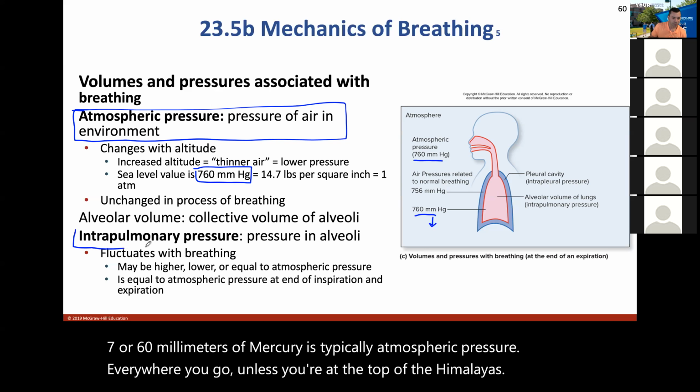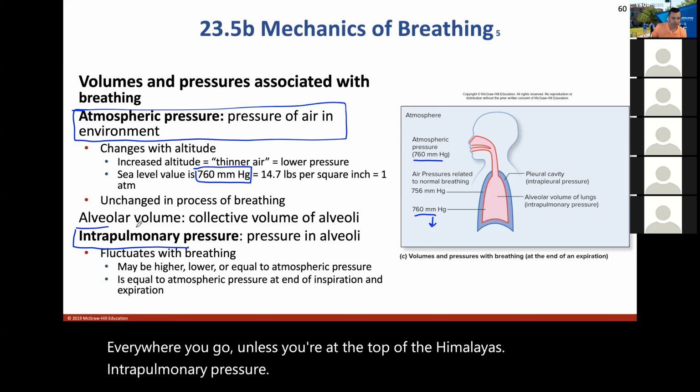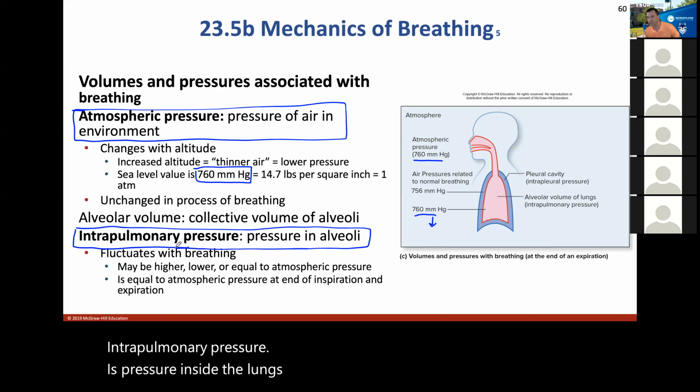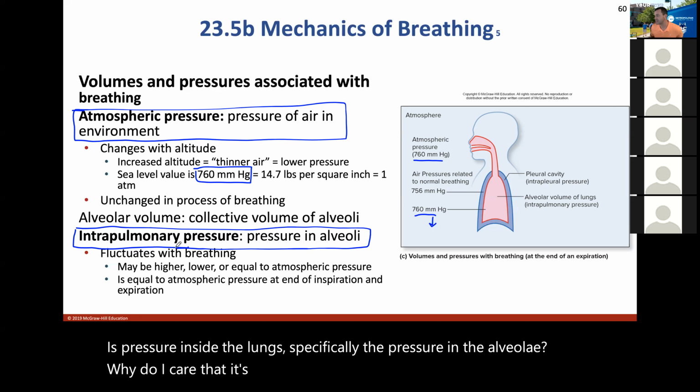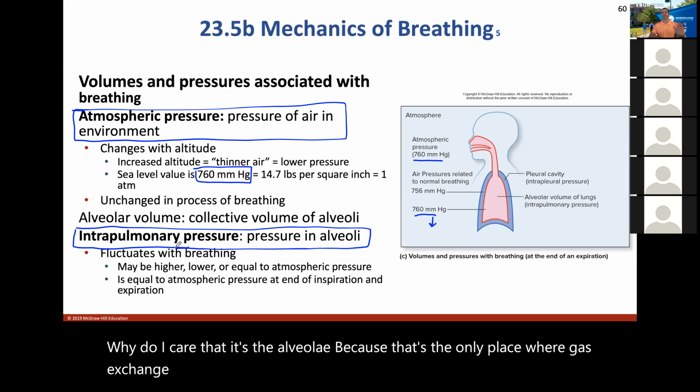Intrapulmonary pressure is pressure inside the lungs, specifically the pressure in the alveoli. Why do I care that it's the alveoli? Because that's the only place where gas exchange occurs. Everything else, nothing.